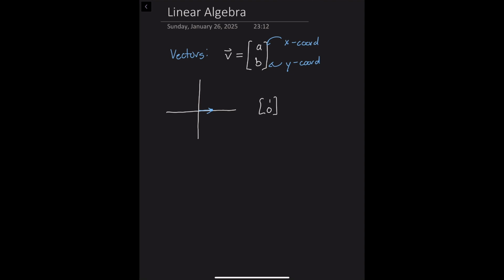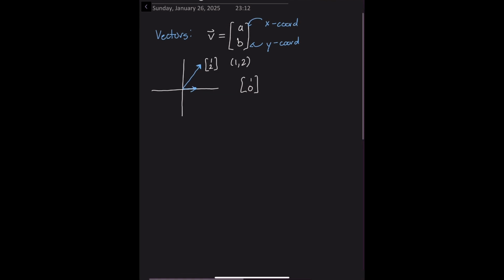We generally draw a vector as an arrow going from wherever the arrow originated to the end there. So this would be probably something like 1, 2. If you're writing it as a point, it would be (1, 2). In the vector notation, it's a column of 1, 2. So that's a vector.